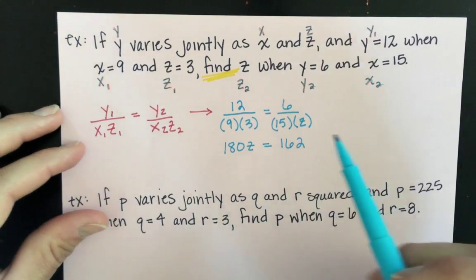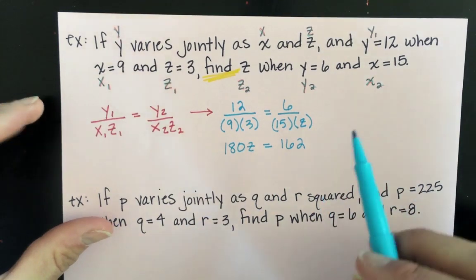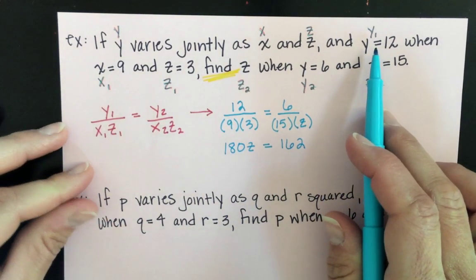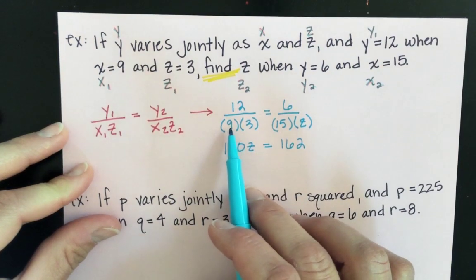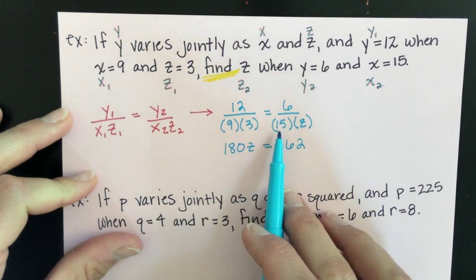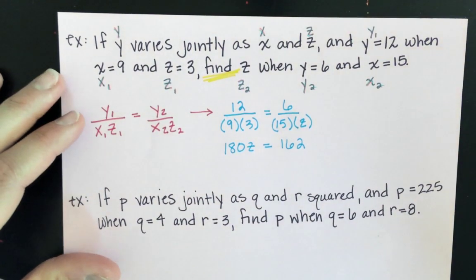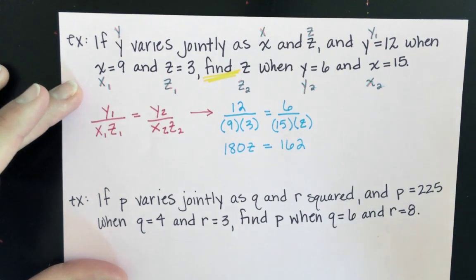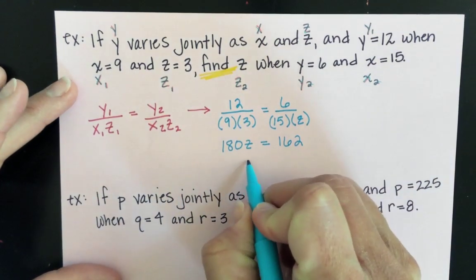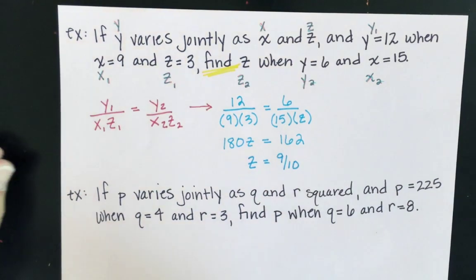Let's make sure I did that right, because of course we can already see that some things are a little hinky, they're a little different than what we're used to. So 12, 9, and 3, 6, 15, and z. All right, so we're going to divide, and instead of dividing by hand, I'm going to do it with the ABC button. And we end up with z is 9/10.